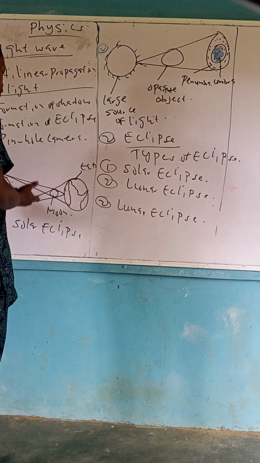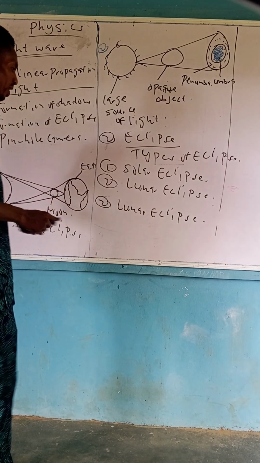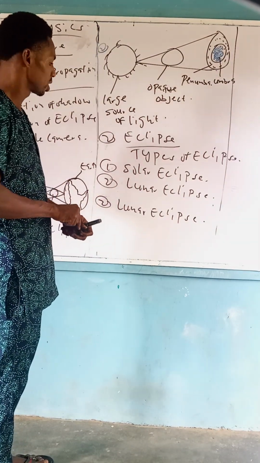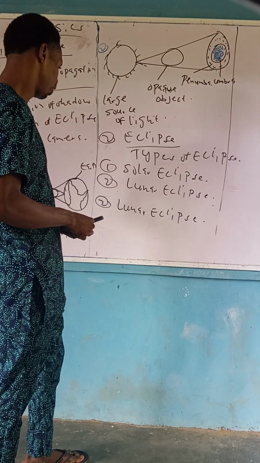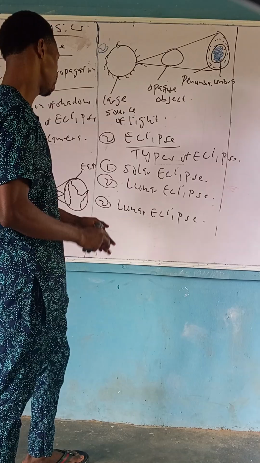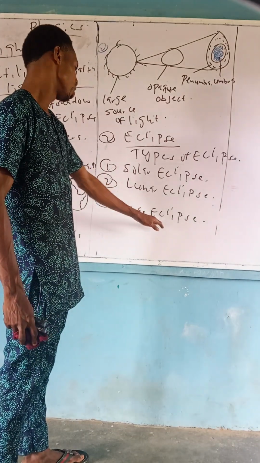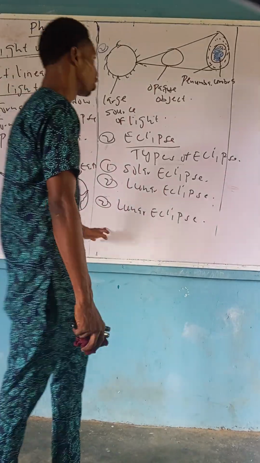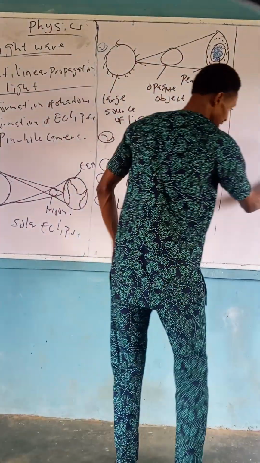That is a lunar eclipse. Lunar eclipse is also known as eclipse of the sun. Take note of that: a lunar eclipse occurs when the earth comes in between the sun and the moon.